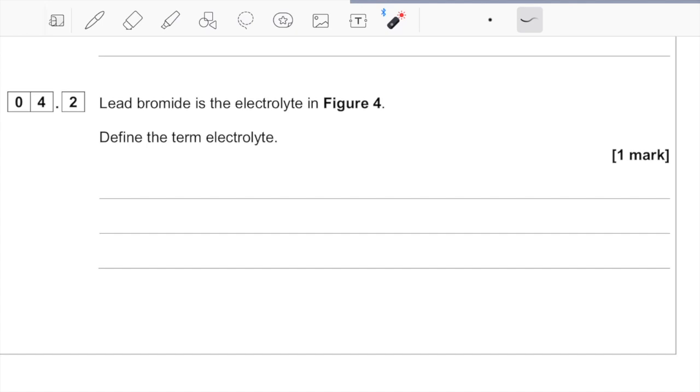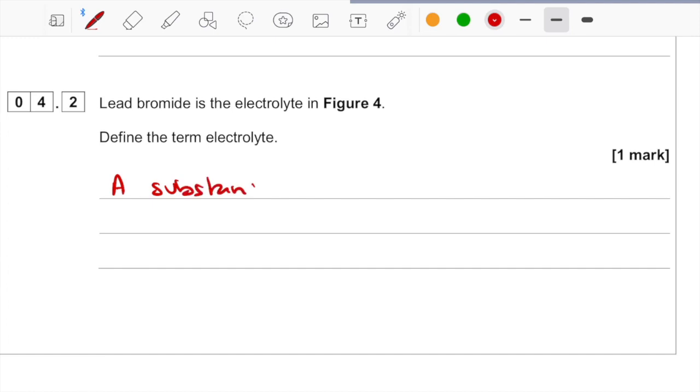Okay, so then there's a definition, and these are easy marks to forget, but also easy marks to learn. Asking what an electrolyte is isn't a very common question. But anyway, the best definition for this is a substance.